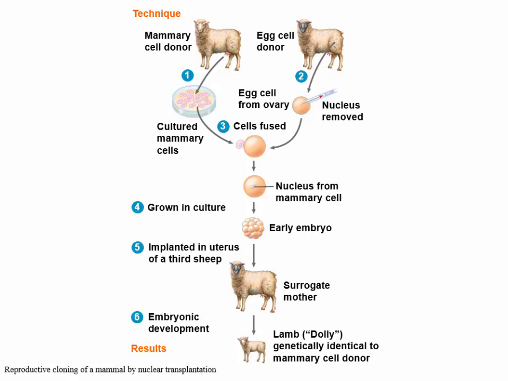It was fused with an egg cell whose nucleus had been removed, and it was cultured and grown, and you got an embryo, which was then implanted in the uterus of yet another sheep. Ultimately, you got a baby sheep, called Dolly, which is genetically identical to the donor sheep.